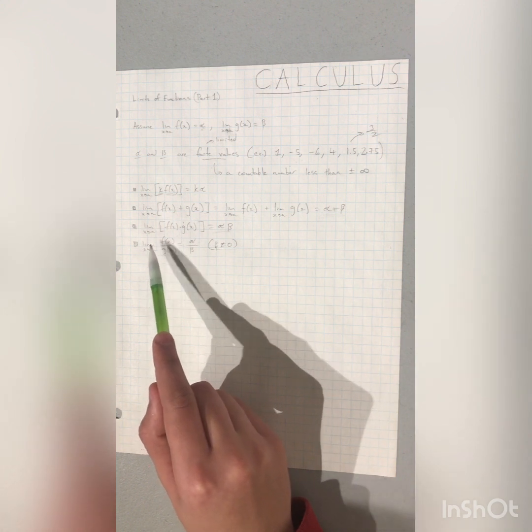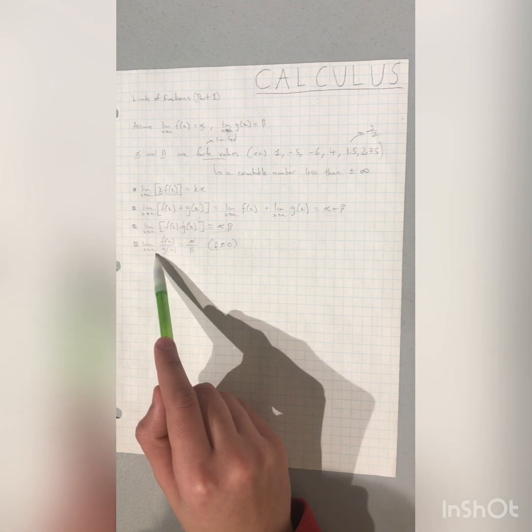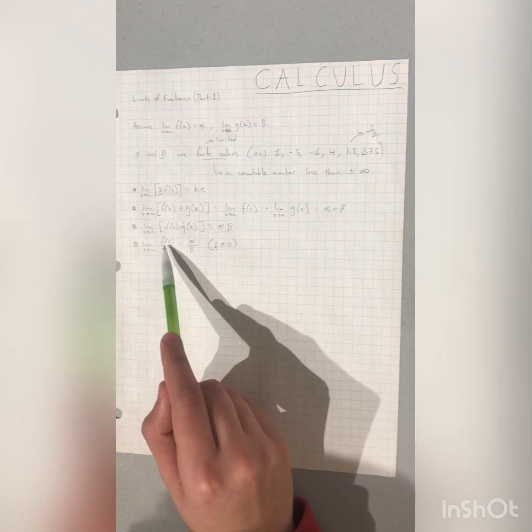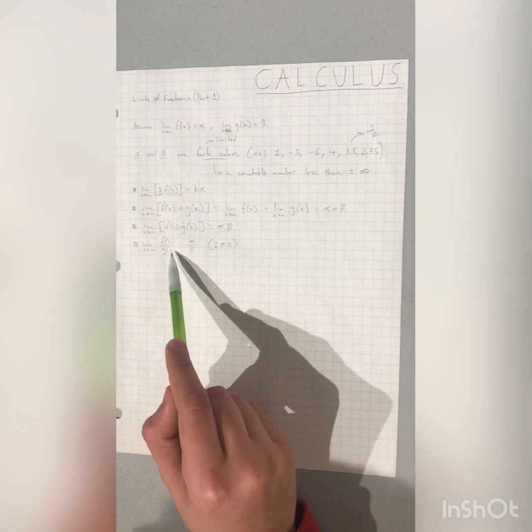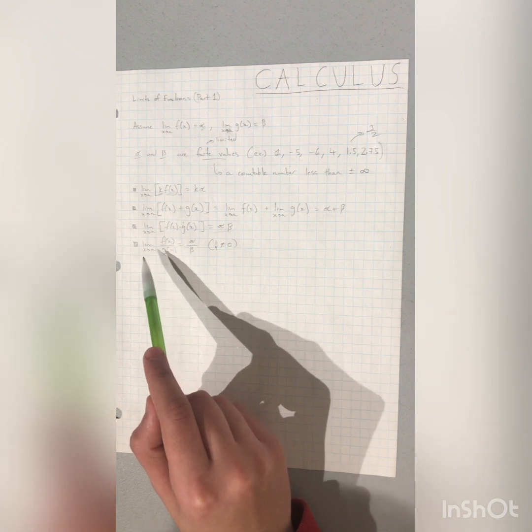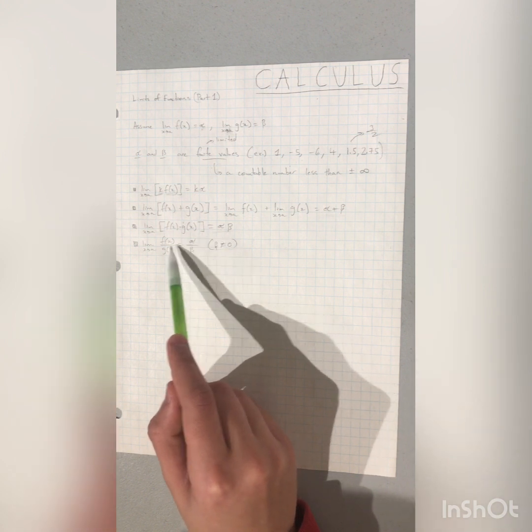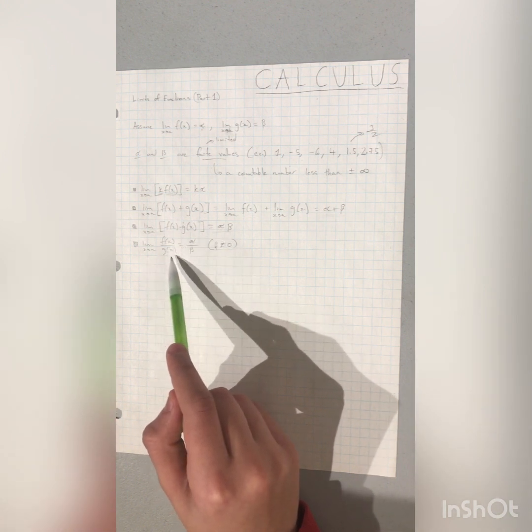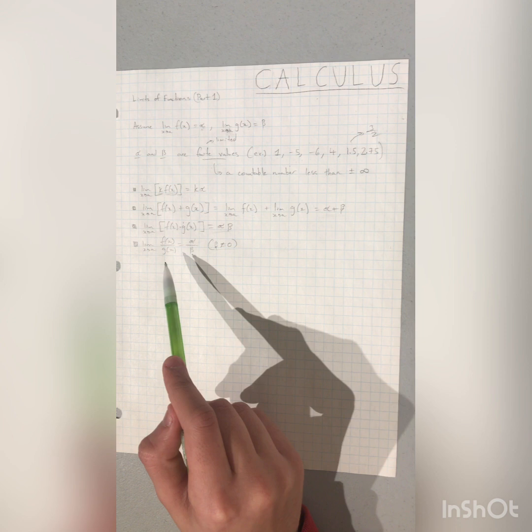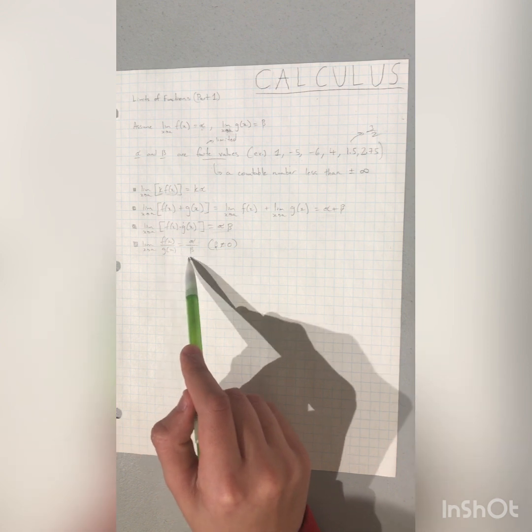In our last formula, we have the limit as x approaches a, f of x over g of x. So the limit of f of x as x approaches a is alpha, and the limit of g of x as x approaches a is beta.